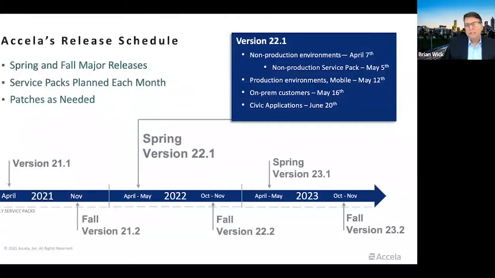I also want to take a second and talk about our overall release schedule. We have two major releases a year. We have a spring and a fall major release. And over the past couple of years, we've named those releases, or the versions associated with those releases, as the calendar year. So for example, we're in 2022. So this is the first release of calendar 2022.